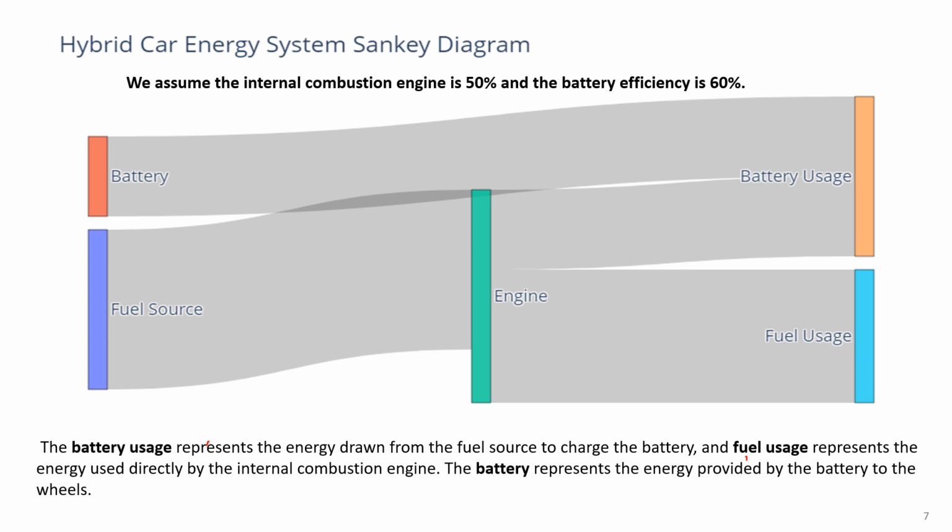So what it's saying is that the engine is directing some energy to the fuel source, and the same engine is also directing some energy to charge the battery. But at the end usage, we expect this to go to the wheels of the car, because that is what is going to power the wheels.